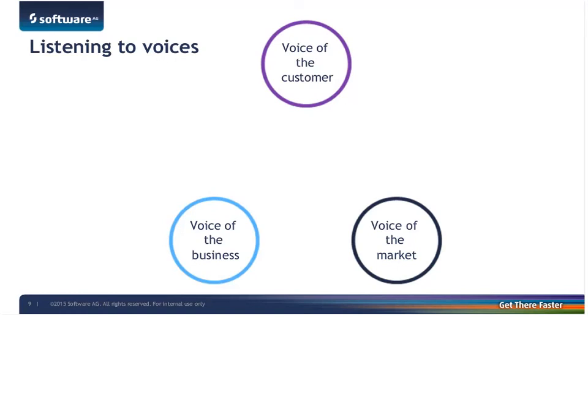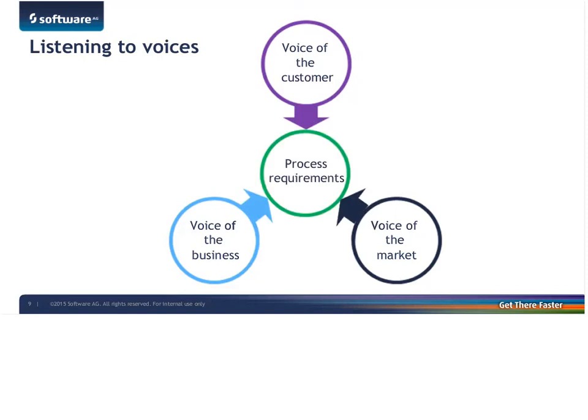So if you need to provide superior customer service, then you should think about an entire customer experience management unit in your organization, which is taking care that customer experience is being managed the right way. The important thing is those different voices need to be brought together, and they need to be used to define process requirements.